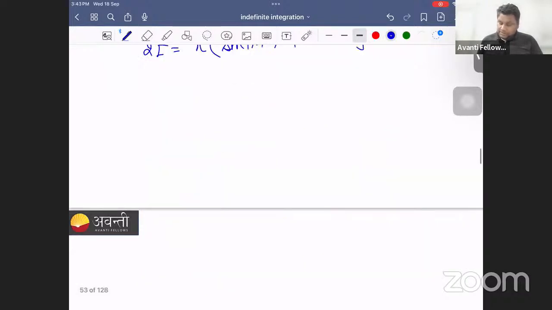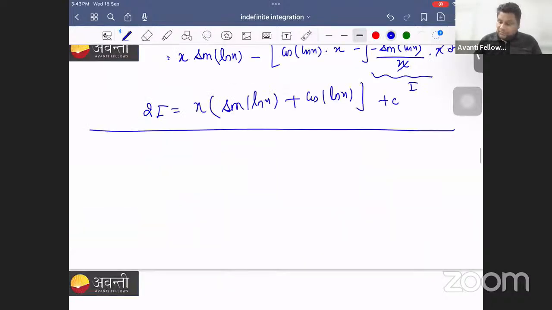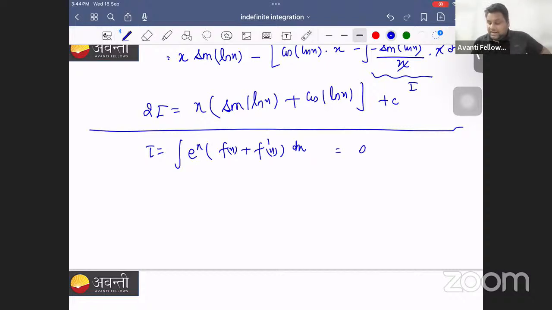Now see, there is a form. If you sometimes see integration e to the power x into fx plus f dash x, you don't have to simplify. Write answer directly e to the power x fx plus constant.